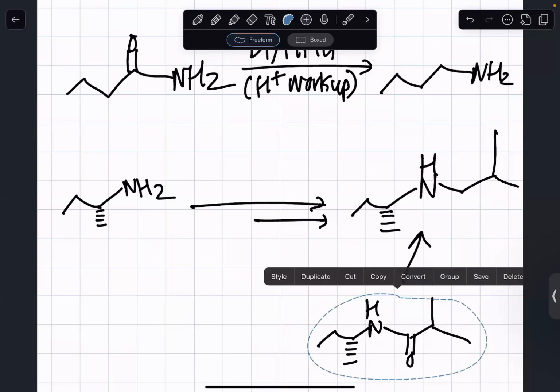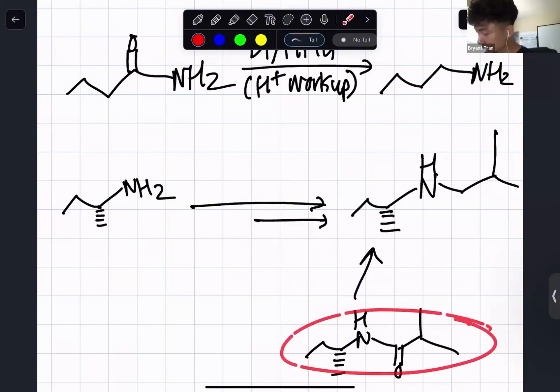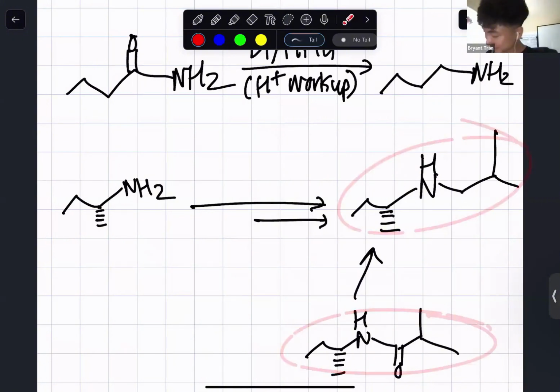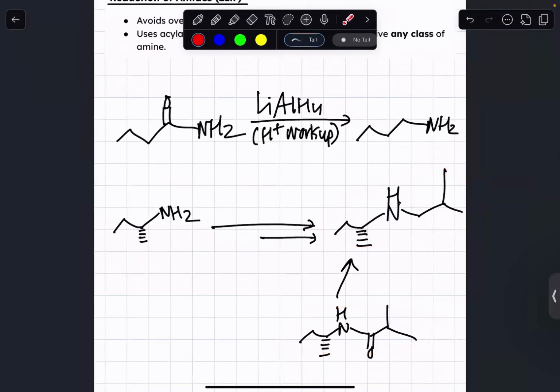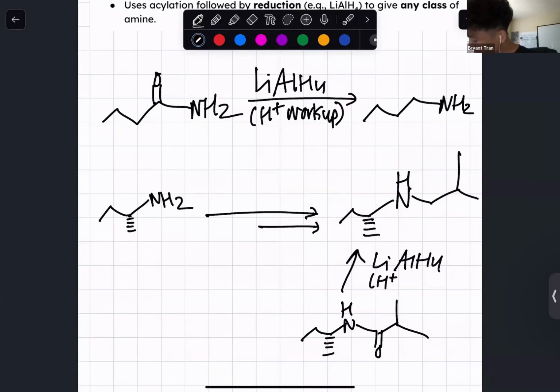What reagent would convert this molecule into this molecule here? It would be LiAlH4 and H plus workup. Yep. LiAlH4 and H plus workup would reduce that amide into the amine.